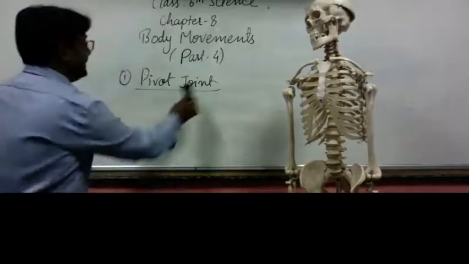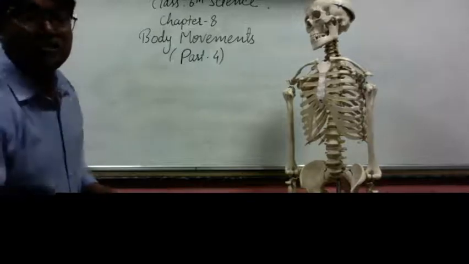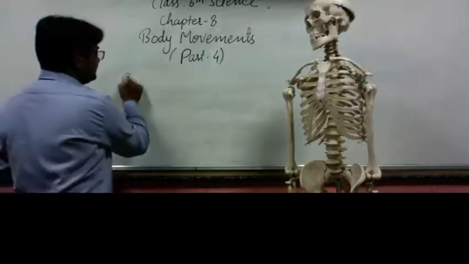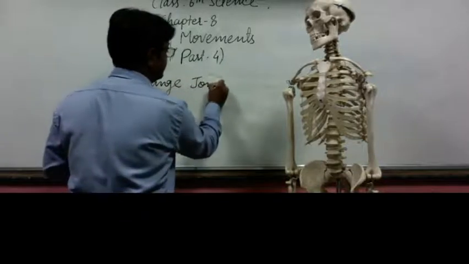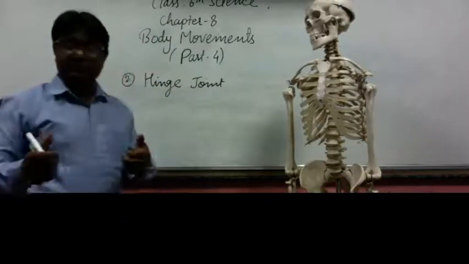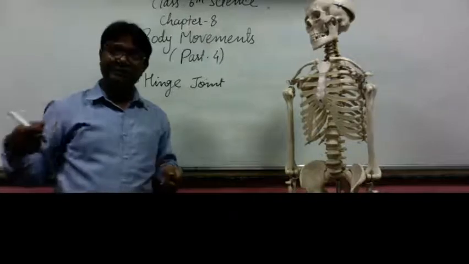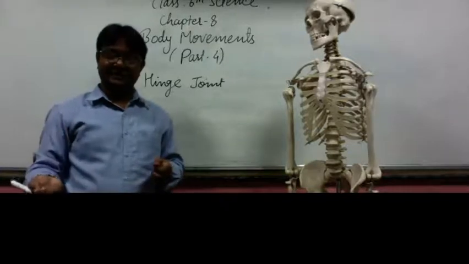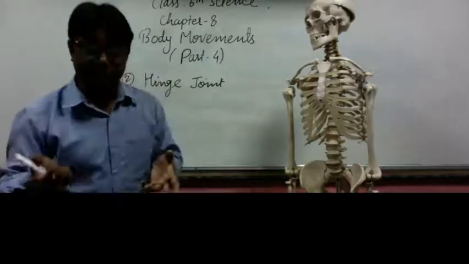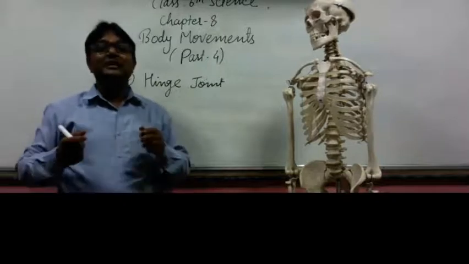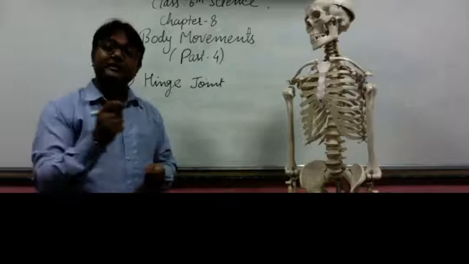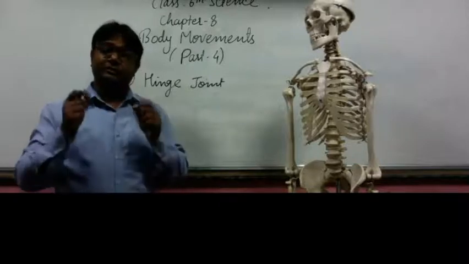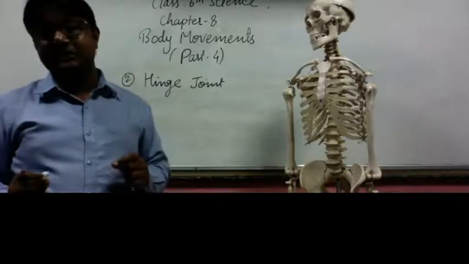Next, the second joint is called the hinge joint. Students, have you seen doors opening at one side? Nowadays doors are of different types also, which can open on both sides. But I'm talking about the doors which have hinges in them.